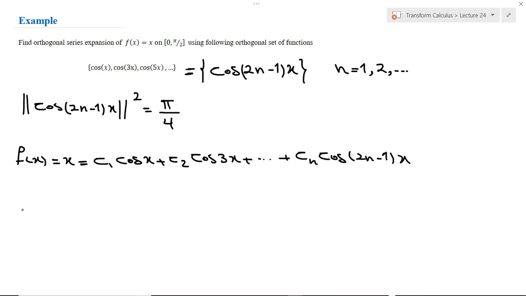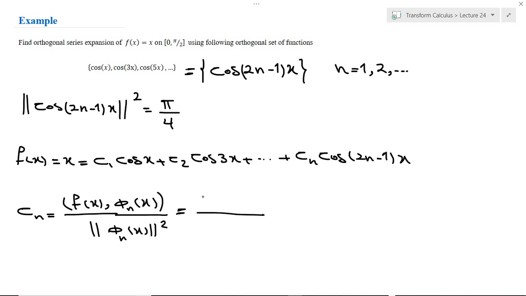And now I want to find cn. cn is equal to, based on definition, the inner product of f(x) and phi n(x) divided by the magnitude of phi n(x) squared.